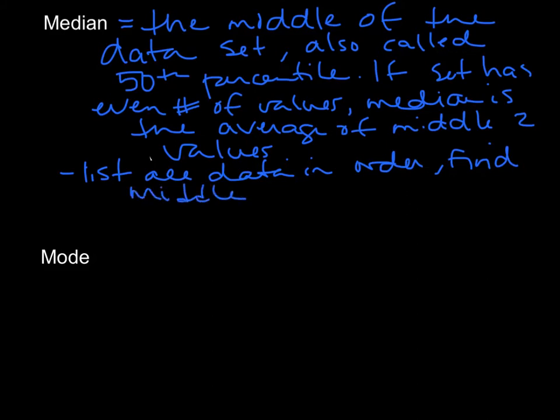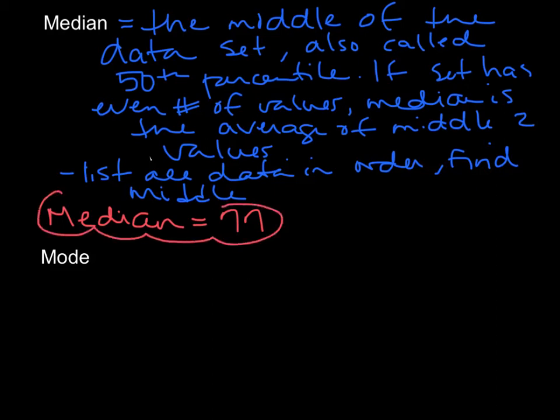I didn't have that data set in order, but if you list those 15 values in order, you're going to find the median is 77. This one had an odd number of values, so it was your 8th value. That would be the middle, with 7 on each side, so that represents the middle of the set. So the median of this one is 77.